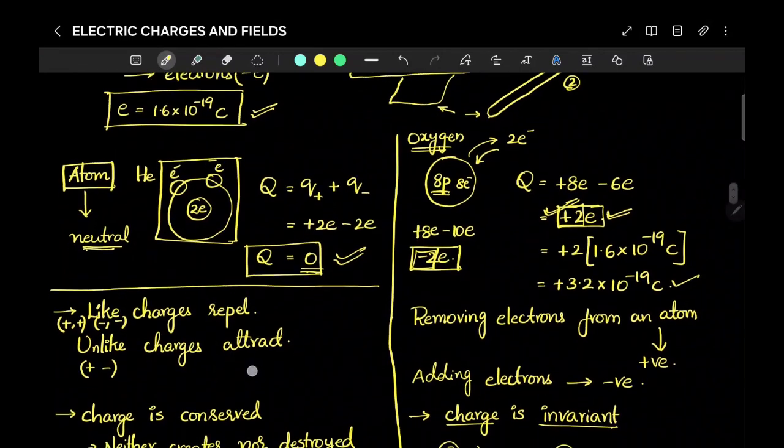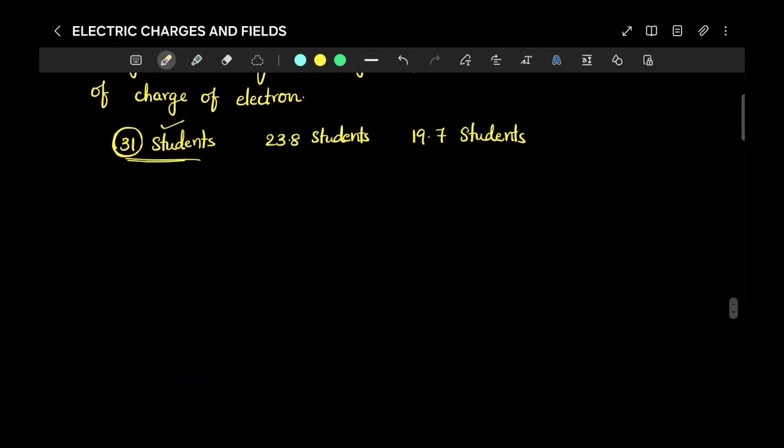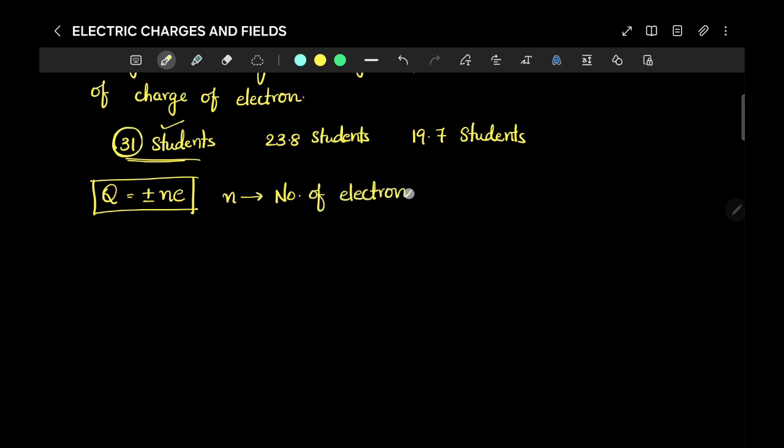So the charge on a body can be written as plus or minus n into e, where n is the number of electrons added or removed. If you are adding electrons, it will become negatively charged. If you are removing the electrons, then it is said to be positively charged.